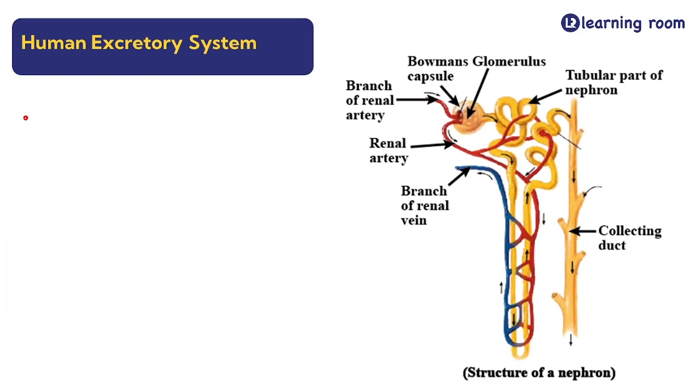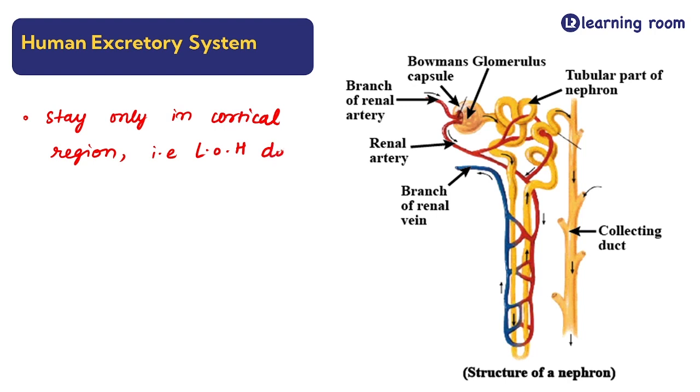Some nephrons stay only in the cortical region, that is, the loop of Henle is not long enough, so it does not enter the medulla. And such nephrons are called as cortical nephrons.